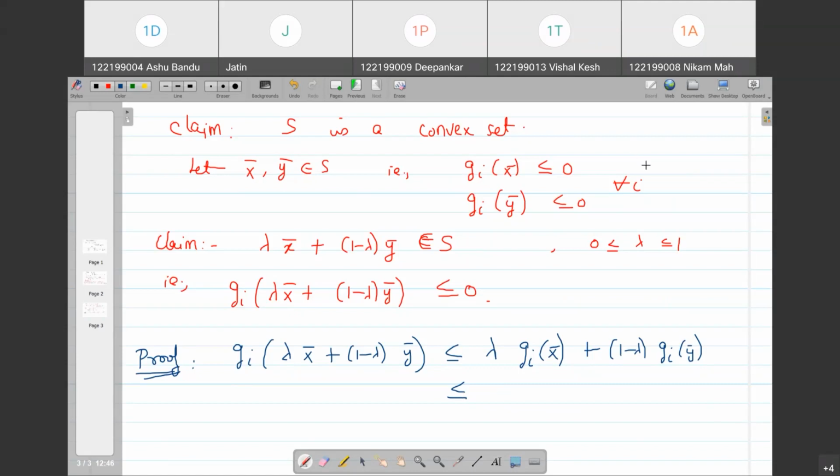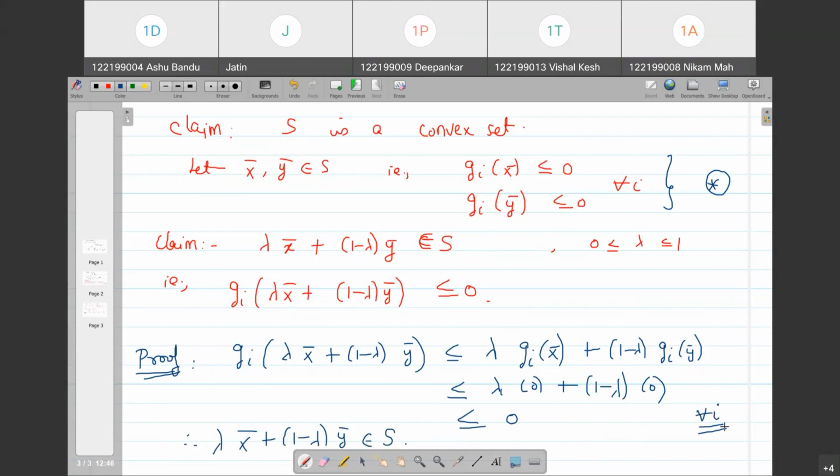Negative, yes, because if I call this star, then by star, this is lambda into 0 plus 1 minus lambda into 0. So this whole quantity is less equal 0. Therefore, lambda x bar plus 1 minus lambda y bar, this segment also satisfies the constraint functions. Therefore, this belongs to S. And this is true for all i.